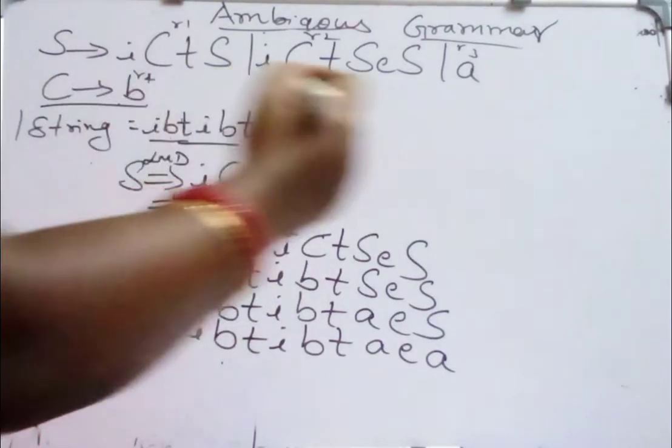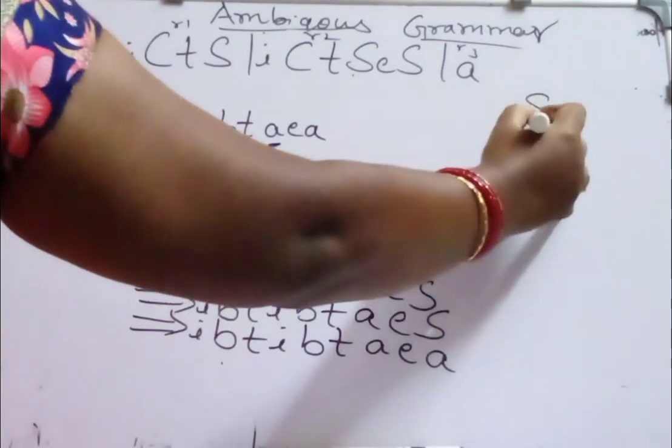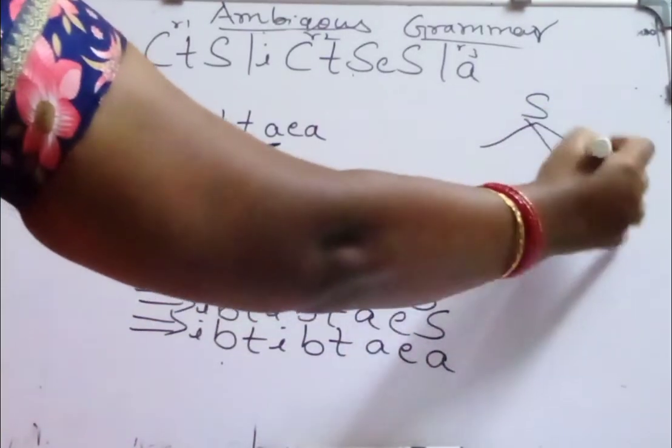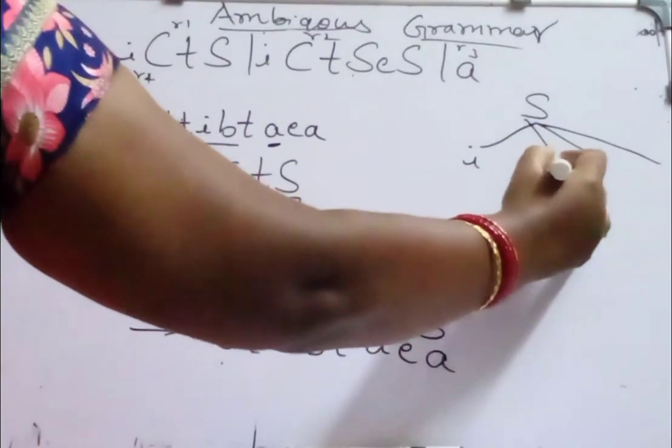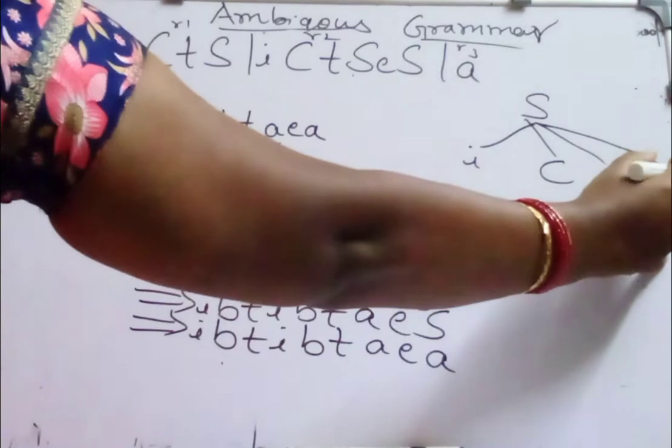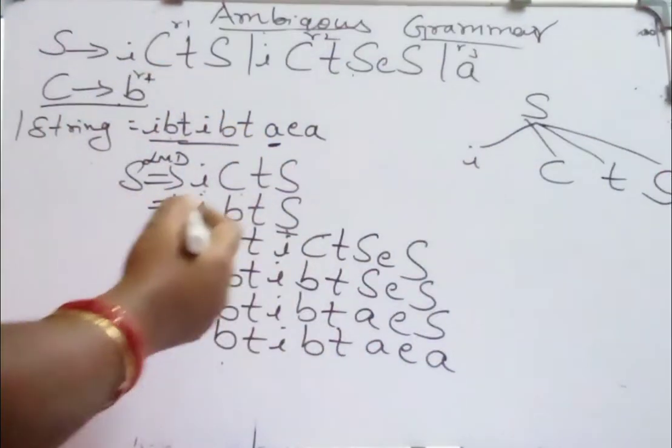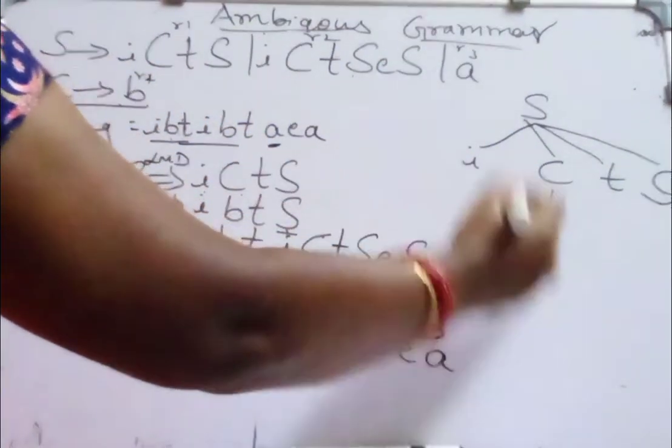So here try to construct the parse tree. S derives, first what we have taken, iCtS. Then C derives b.